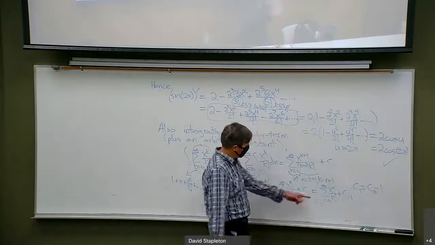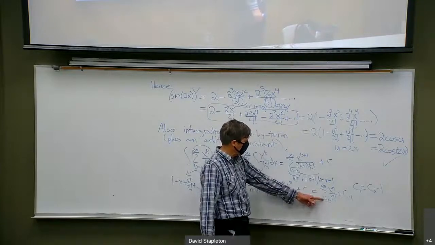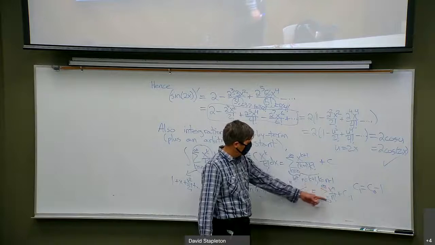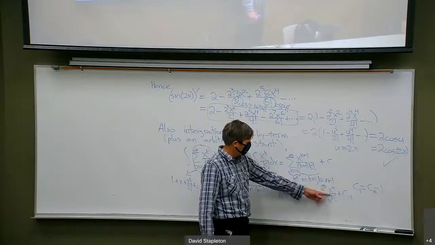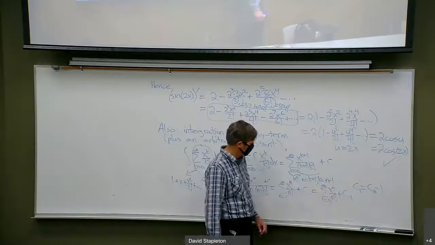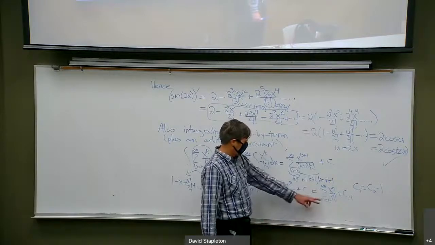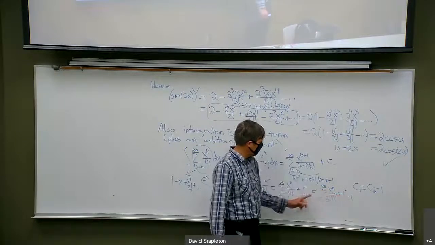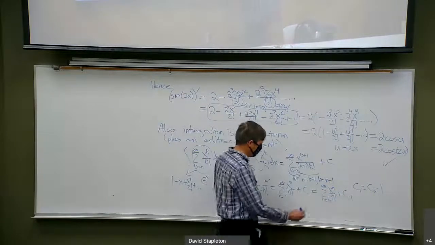Because what I did was I added 1 in the series by putting in the n equals 0 term. It's x to the 0 over 0 factorial, and 0 factorial is 1.